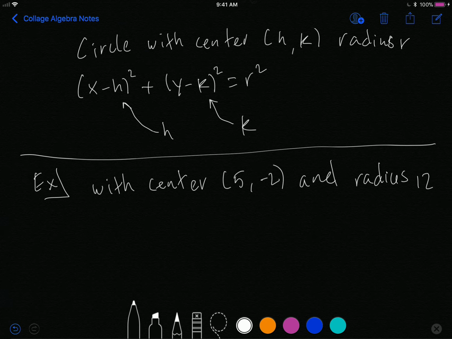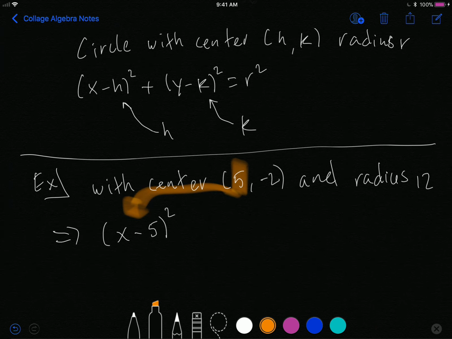The answer would simply be to plug the 5 and the -2 into the equation and square 12. And so we would get x minus 5 squared. One of the things that I like to remember is that the x values stay with the x's and the y values stay with the y's, and this time right here we will have y minus -2.